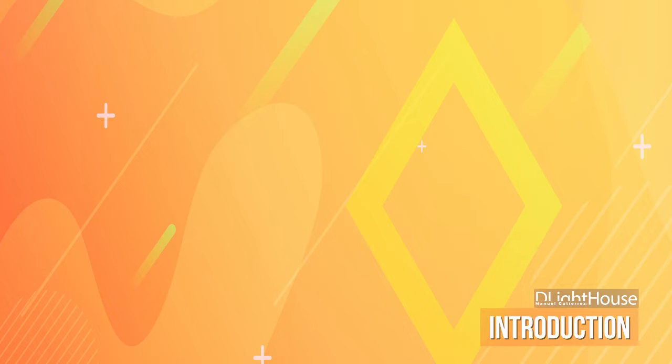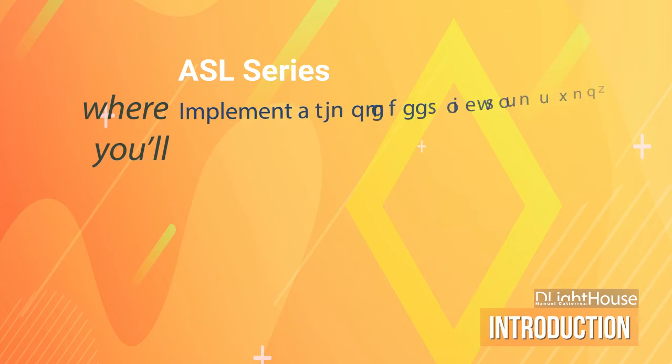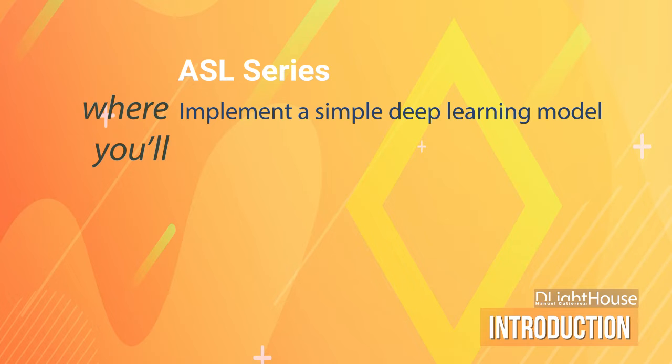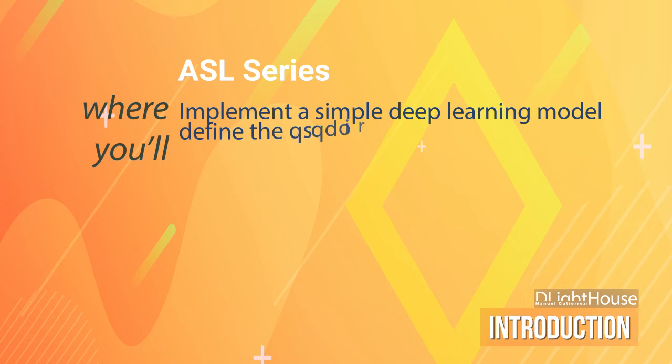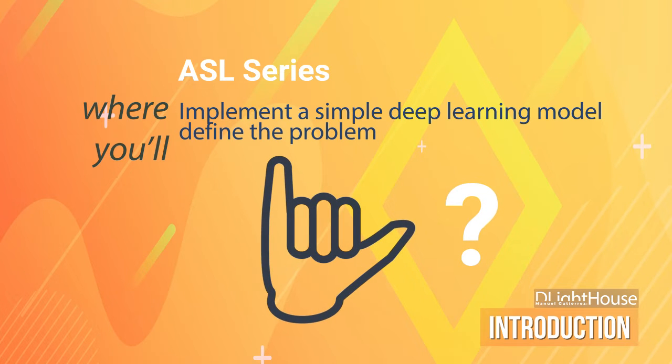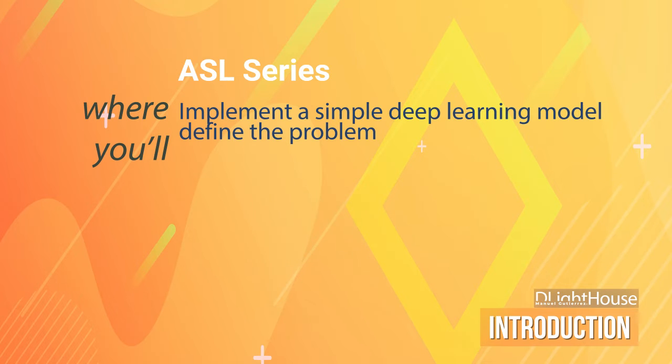Let's start! This video is part of the ASL classification series where you'll implement a simple deep learning model using TensorFlow and Keras for classifying images. First, we define the problem that we want to solve, identifying hand signs for the American Sign Language ASL.